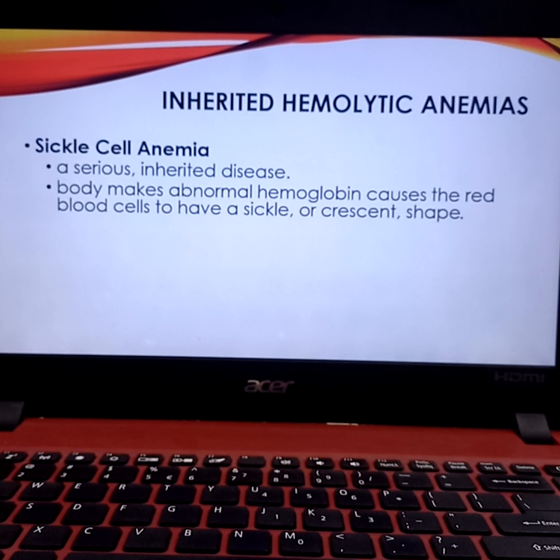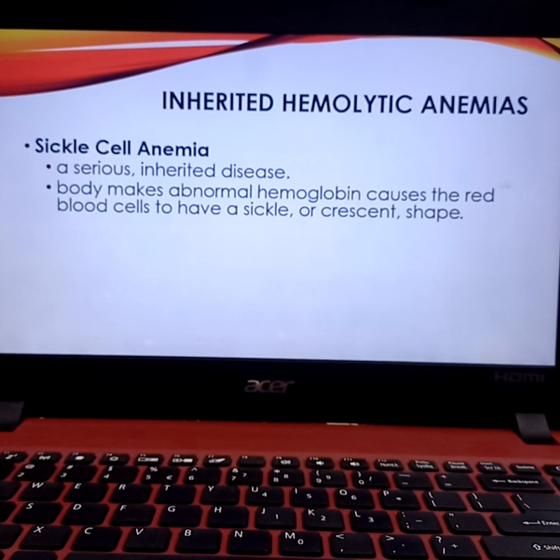Now, in terms of sickle cell anemia, the intervention is based on the mnemonic HOPIA, H-O-P-I-A. H means hydration. We manage this patient through hydration because we have to make the blood less viscous or more diluted so that the blood cells can flow freely inside our blood vessels.